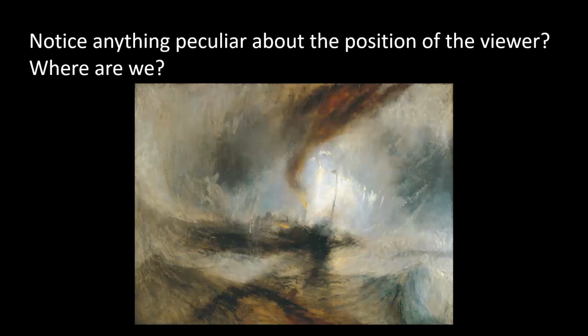Okay, and back to the Turner painting here. In the middle, we have the steamboat. That's the dark shape, basically. And I just wanted to point out the peculiarity of the viewer's position. We seem to be on another vessel and tilting, listing in the heavy seas, and I just thought that was worth noticing.